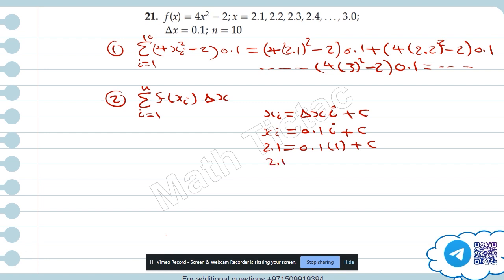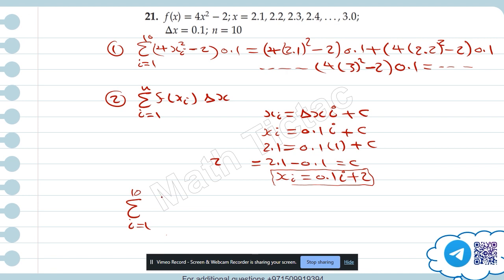In here I have i equals 1, and here I have the value 10, which is the value of n. So now I can say this is equal to f of xi, so this is 4 multiplied by 0.1 i plus 2, all of them squared, minus 2.